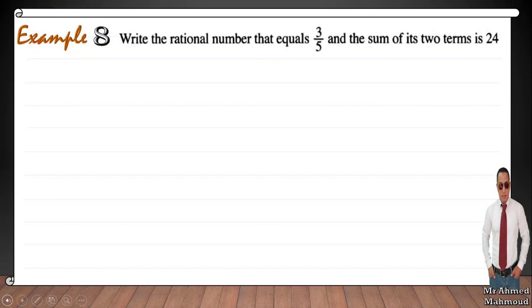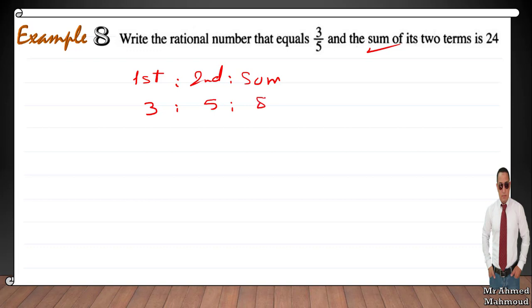Write the rational number that equals 3 over 5 and the sum of its terms equals 24. This number is the first and this is the second, so I'm going to write first, second, sum. Why do I write sum? Because he asked me the sum of the two terms equals 24, and the terms here mean first and second, 3 and 5.